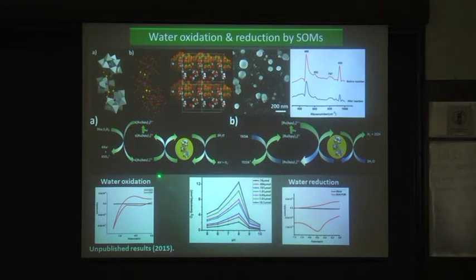What we have done is we take this manganese based cluster. It gets into the oxidized state, it gets into the excited state with light, it splits water, generates oxygen, and then also in the reduced state, it similarly gets into the excited state and it splits water to generate hydrogen and hydroxyl radical.